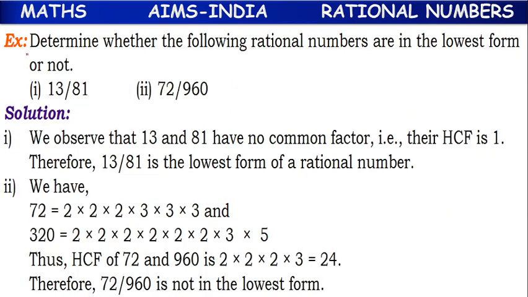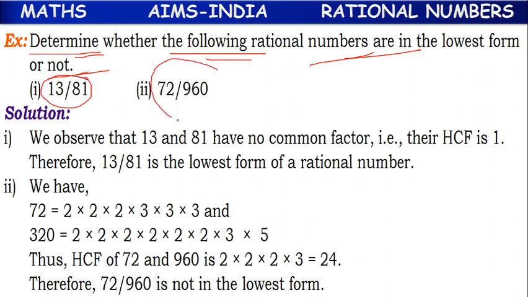So one example question is there. Determine whether the following rational numbers are in lowest form or not. Here 13 by 81 they have given, and 72 by 96 they have given. We have to find whether they are in lowest form or not. So 13 is a prime number.